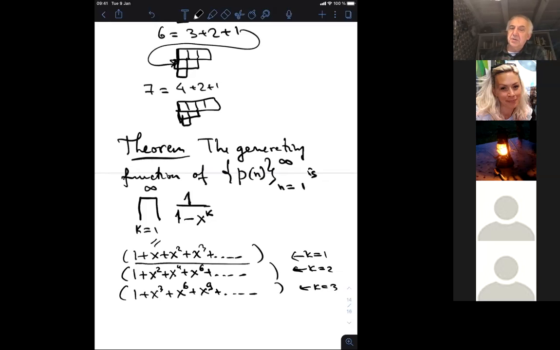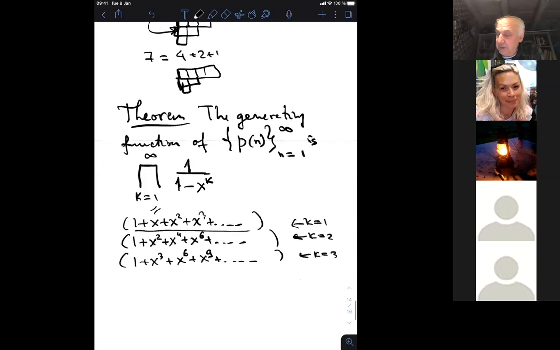Otherwise, each term except for 1, for k bigger than 156, would be definitely of power bigger than 156. So they cannot appear in our term of degree 156 for obvious reasons.